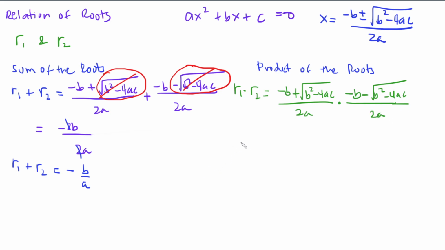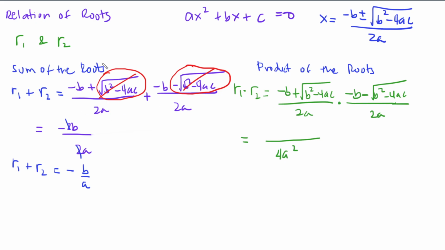Next, we simplify. Let's start with the denominator. 2a times 2a is 4a squared. Since this is a binomial multiplied by a binomial, we apply FOIL.